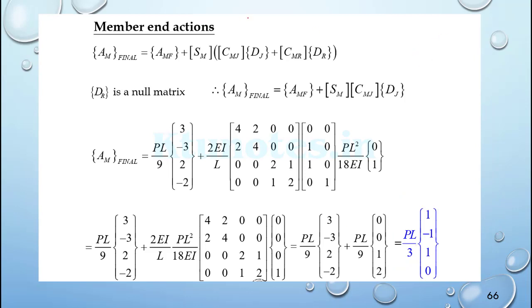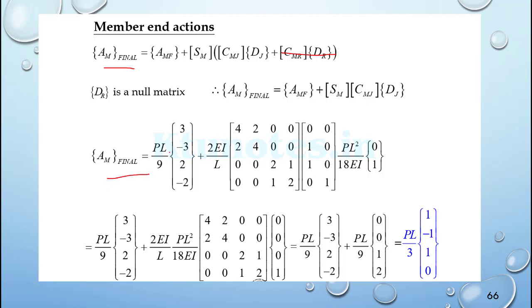The member end actions are given by AM final is equal to AMF plus SM into CMJ DJ plus CMR DR. Here also DR is a null matrix, so this term will get neglected. So AM final is equal to AMF plus SM into CMJ into DJ.